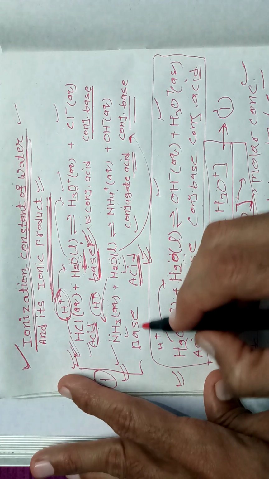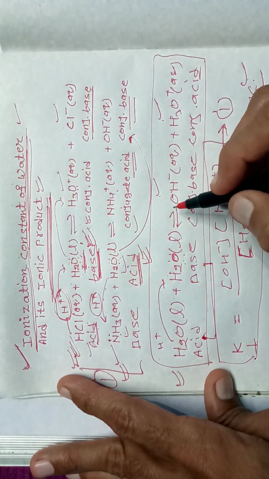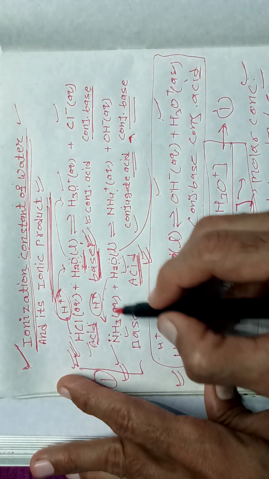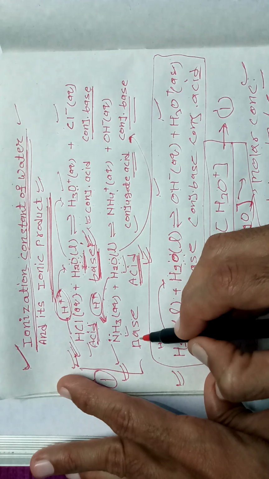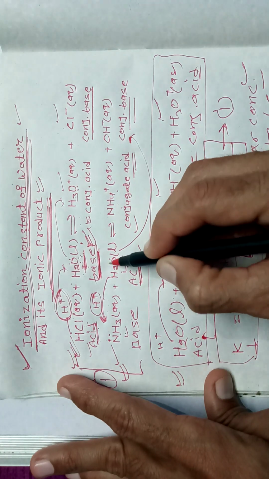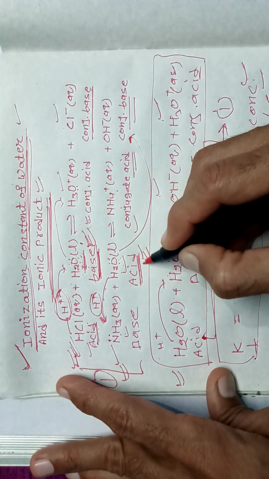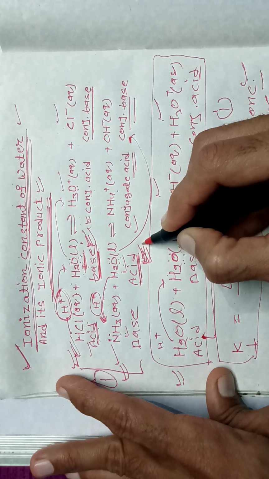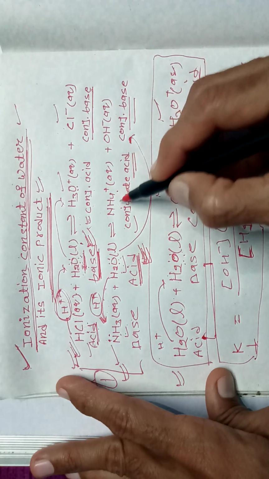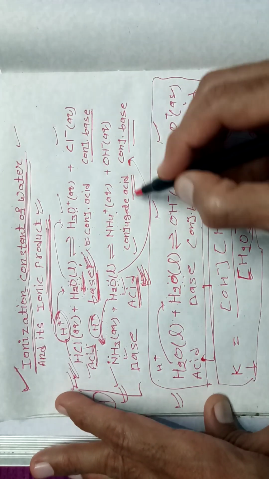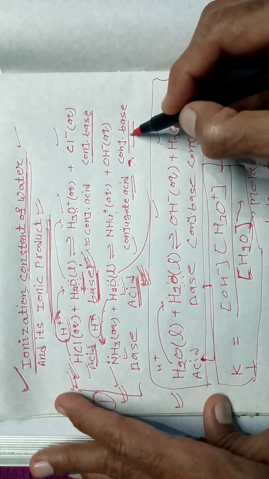Now in the second case, we can see that when we take ammonia and H2O, ammonia can accept H plus from water, so ammonia here will be a base, and H2O here, because it donates H plus, behaves as an acid. Okay, and these two are in equilibrium with ammonium ion, which is conjugate acid, and OH minus ion, which behaves as a conjugate base.